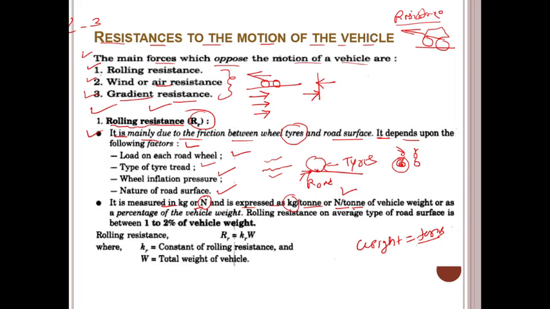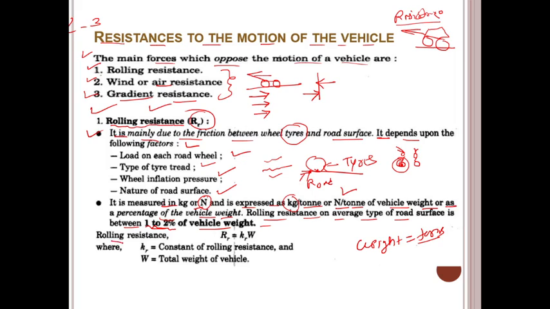So it is measured in newton per ton of vehicle weight, or as a percentage of the vehicle weight. Rolling resistance for an average type of road surface is between 1 to 2% of the vehicle weight. This is the main important point.